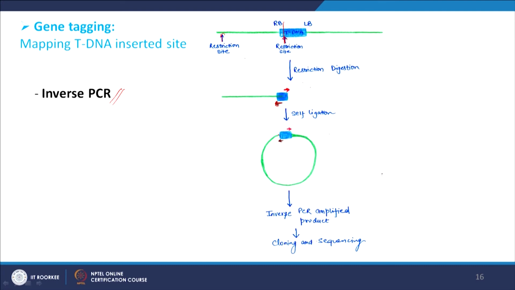When you religate it, you have a primer positioned here and a primer positioned here. Do the PCR, and this will amplify this region. Clone this region in a particular cloning vector, sequence it and identify the flanking sequence of the tDNA.